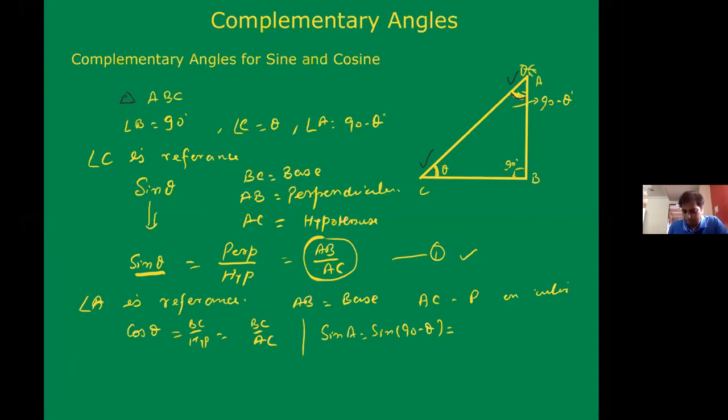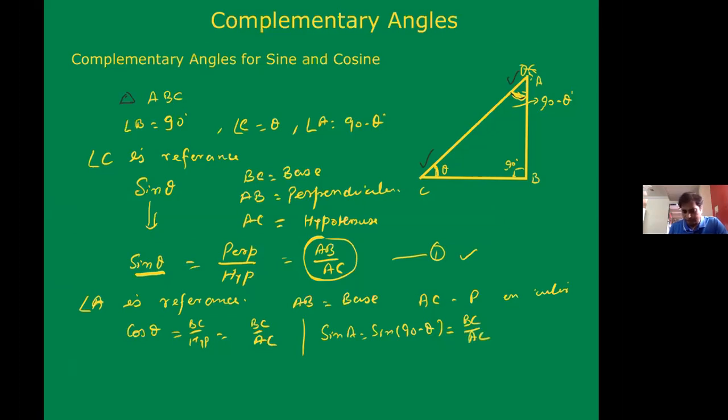The perpendicular is BC, because if you consider this as the reference angle, the adjacent side AB will be the base and the side opposite to this angle will be the perpendicular. So BC by AC.